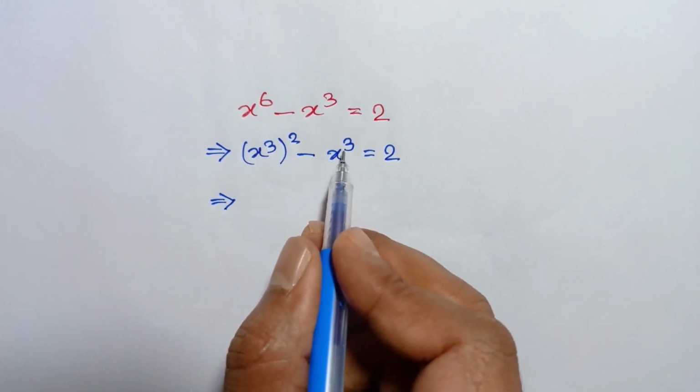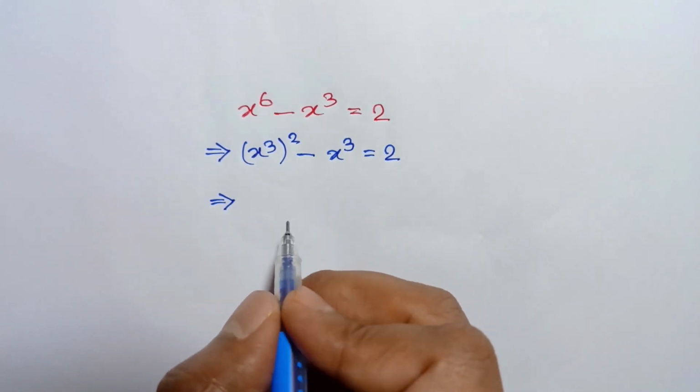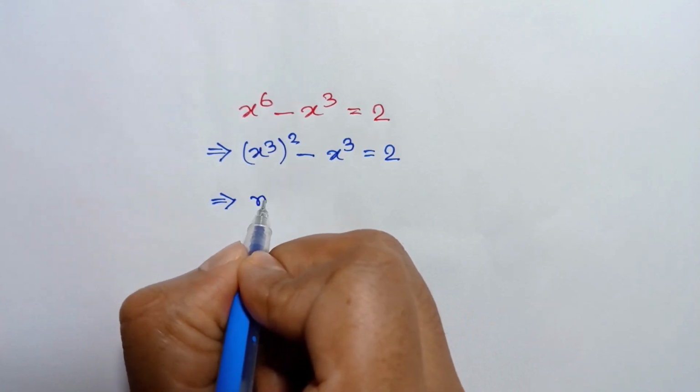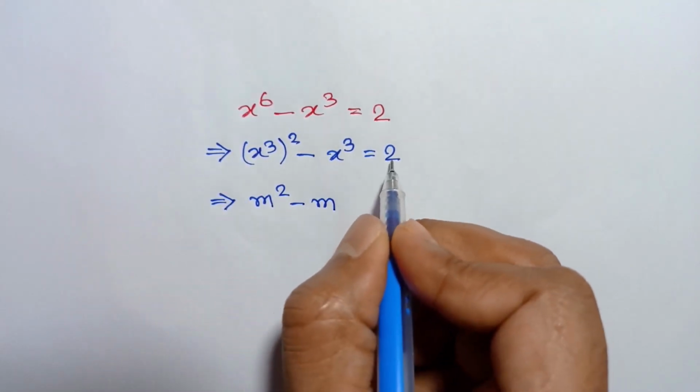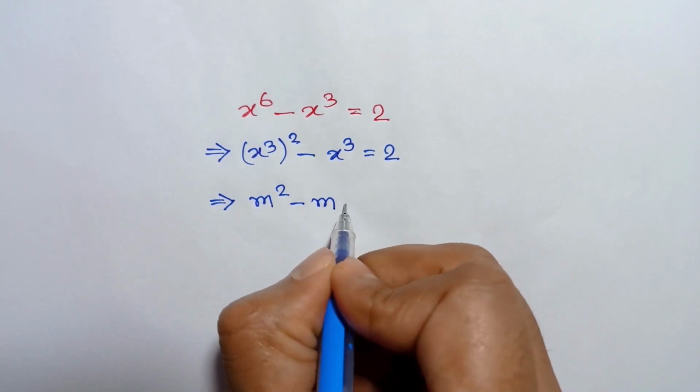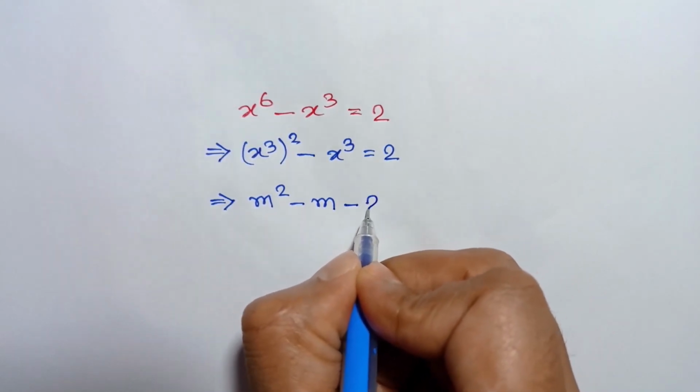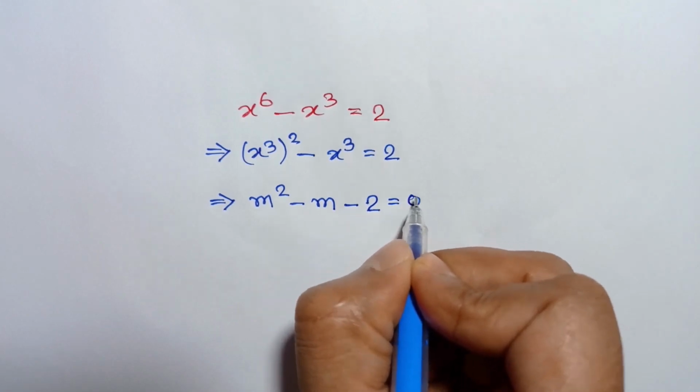Let's consider x cube as m, so we can write m square minus m, and taking this 2 to the left side we will have negative 2 is equal to 0.